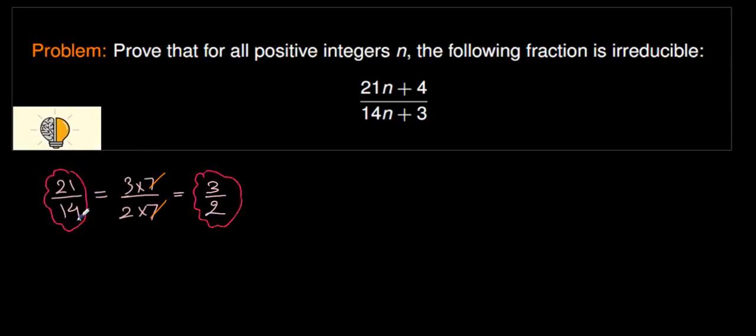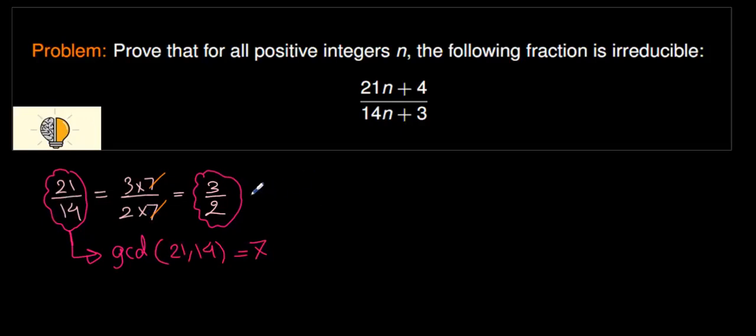Now let's make a connection with the concept of the greatest common divisor of two numbers. Let me find the greatest common divisor, I mean GCD, which is short for greatest common divisor, of 21 and 14, which is equal to 7. That's why the fraction on the left-hand side is reducible.